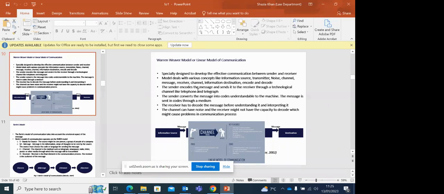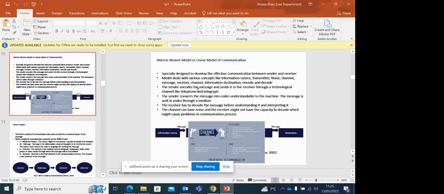The model deals with various concepts like information source, transmitter, noise, channel, receiver, information destination, encode and decode. The sender encodes the message and sends it to the receiver through a technological channel like telephone and telegraph. The sender converts the message into codes understandable to the machine.